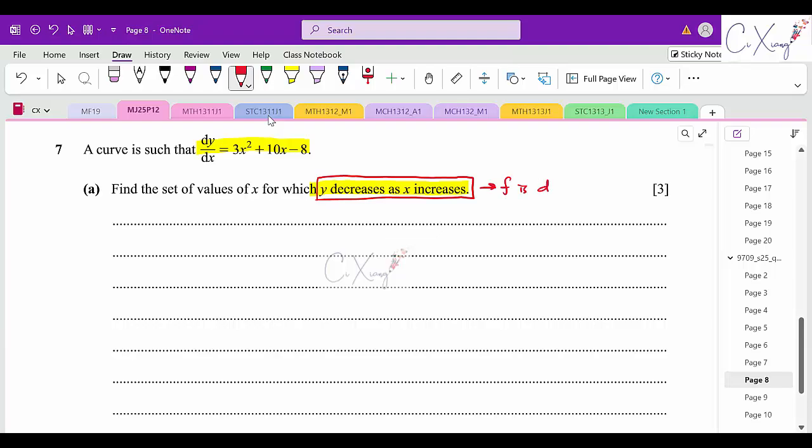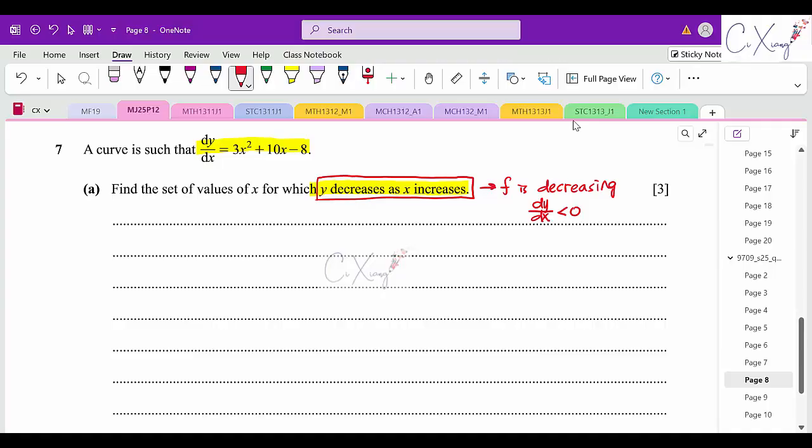So when do we have the function decreasing? When our function is decreasing, basically you should know that the gradient of the tangent is always negative, which also means that dy/dx should be negative, which is smaller than 0.